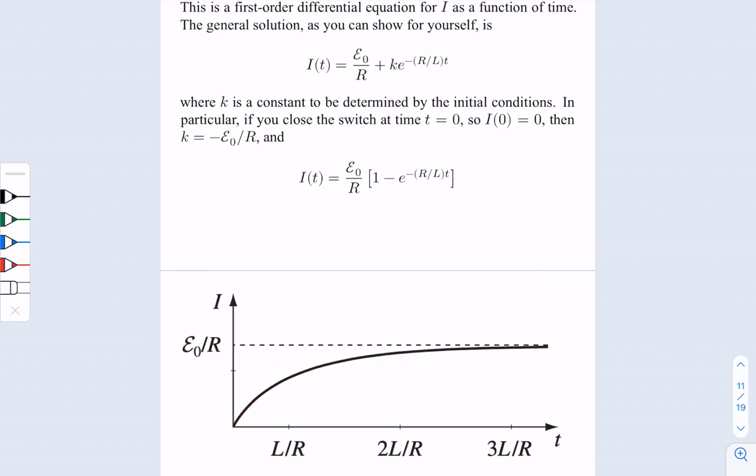So what this tells us is that whenever you switch on the light, it is actually not turned on immediately.